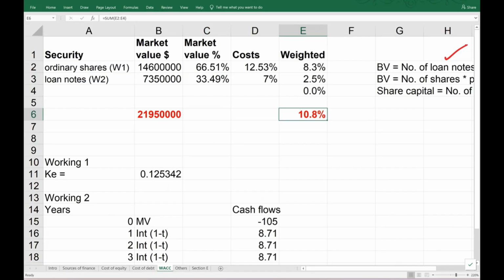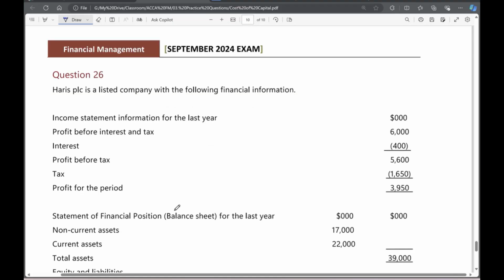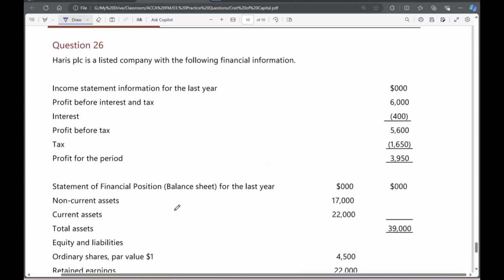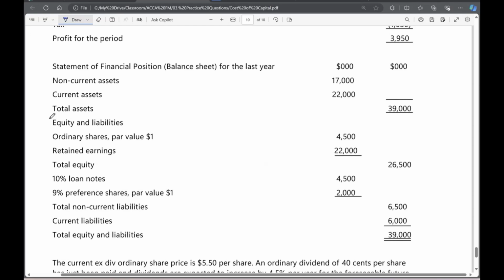Look, now you have a question number 26. This is your homework. Look, what is it? I'm going to do a question similar to this from the past exam paper, but this is your homework. Here we have a lot of things. We have ordinary shares, we have loan notes, we have preference shares, right?